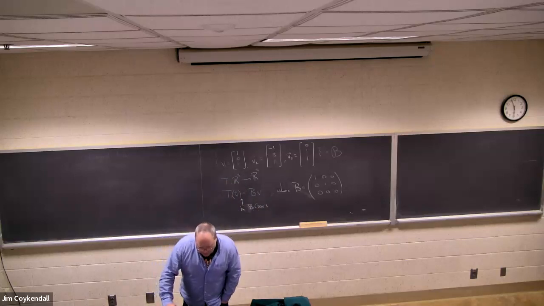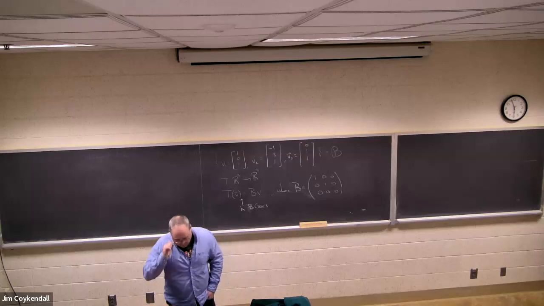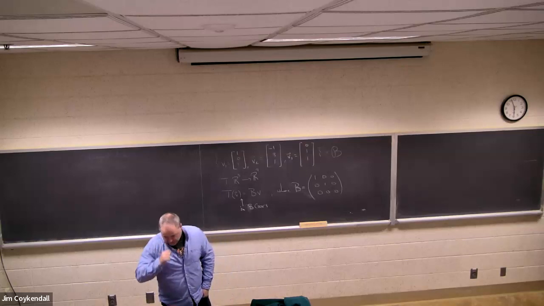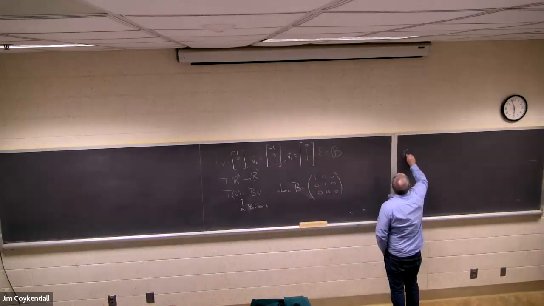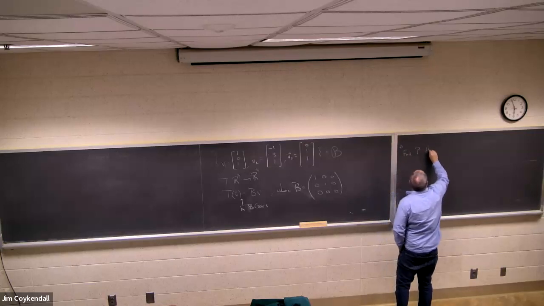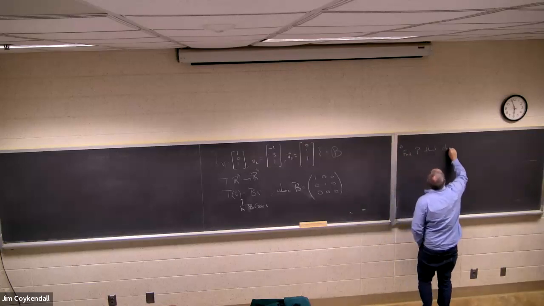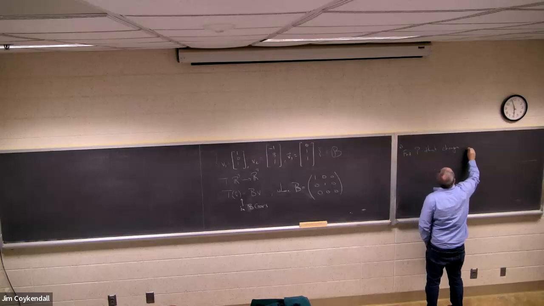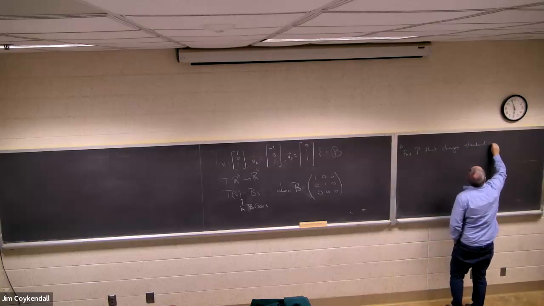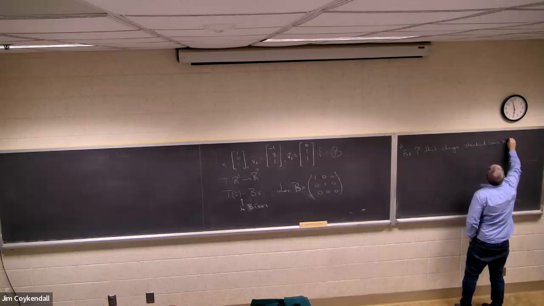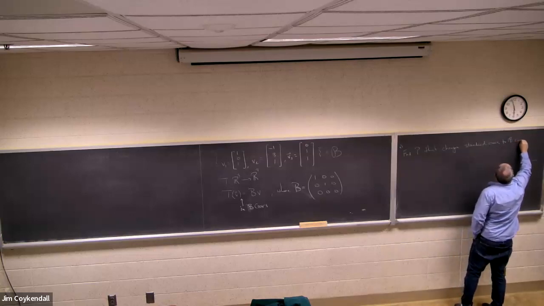Okay, so part A, find a matrix P that changes standard coordinates to B coordinates. How are we going to do that? Okay, find P, the matrix from standard coordinates to B coordinates.